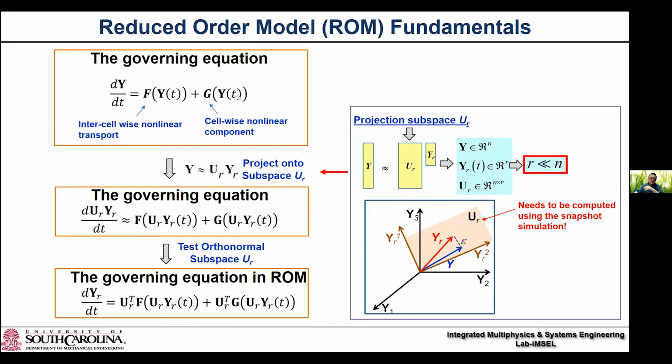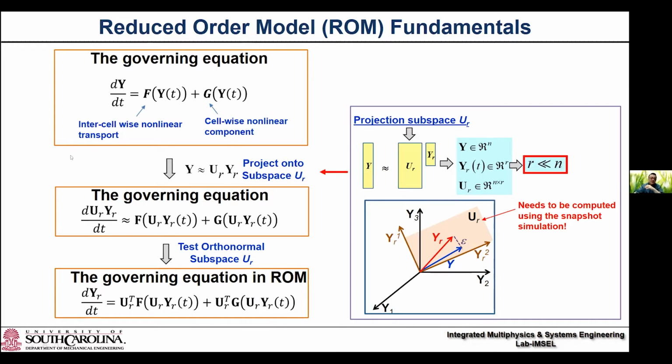The second one is the cell-wise nonlinear component, which has nothing to do with the solution in my neighboring cells. For example, the heat source: let's say it only depends on the local temperature, and has nothing to do with the temperature at my neighbors. In that case, we have this cell-wise nonlinear term. In general, this cell-wise nonlinear term is very easy to handle, but the intercell nonlinear transport term is in general hard to address.